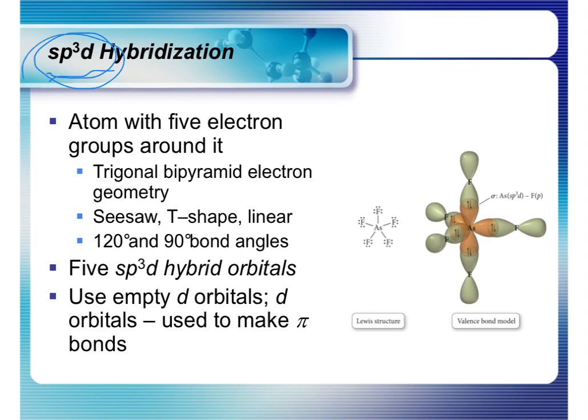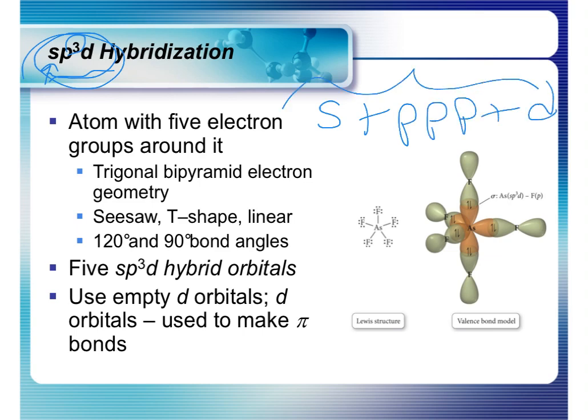Now, count how many atomic orbitals that came from: 1 s, 3 p's, and 1 d. So we started with 5 atomic orbitals, so we have to end up with 5 hybrid orbitals. So we get 5 sp3d hybrids: 1, 2, 3, 4, 5.